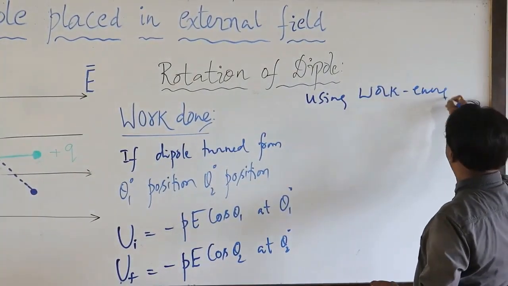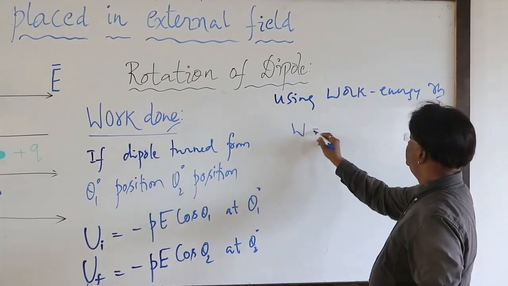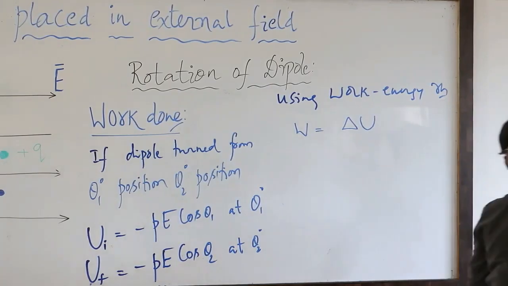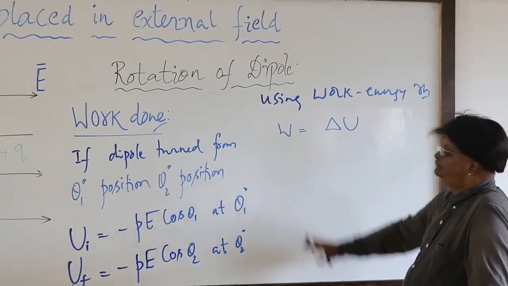Using the work-energy theorem, W is equal to delta U, the change in potential energy.